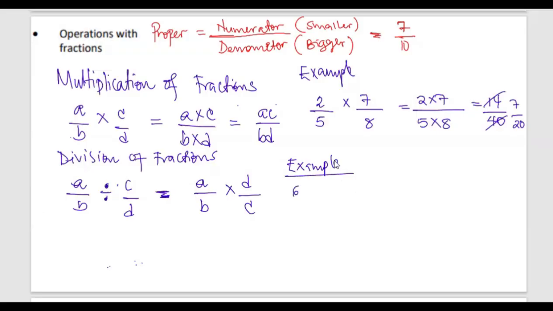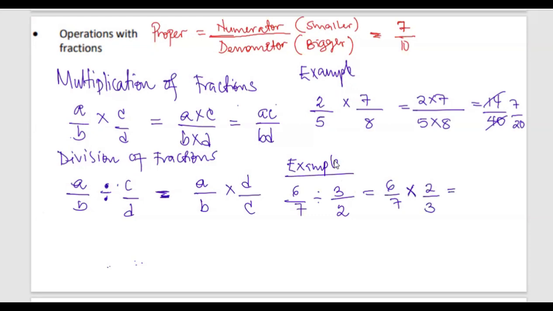Example: we have 6 over 7 divided by 3 over 2. This first fraction remains, the one being divided. The division sign changes. Then the numerator becomes a denominator, and the denominator becomes a numerator.